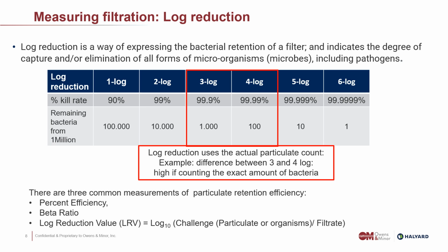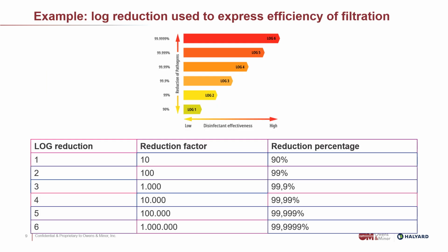So the 3 ways of counting filtration are percentage, which we know, beta ratio, which is not used here, and log reduction. When you go to Excel, you will notice that the log is one of the formulas that sits standard in Excel. So you can calculate a log in Excel. It is an accepted method.